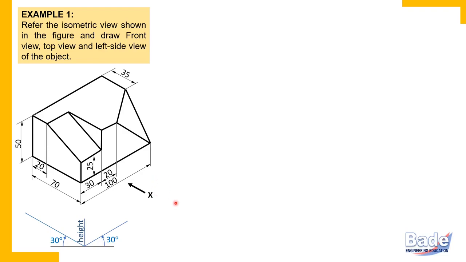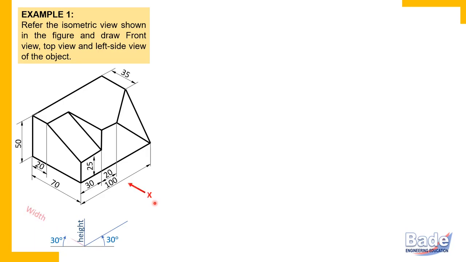In this case, the front side is always denoted using such an arrow. What does this arrow suggest? The front side of the object. When an observer watches this object in this direction, he gets the front view of the object. So this is the front direction, or the front side of the object.